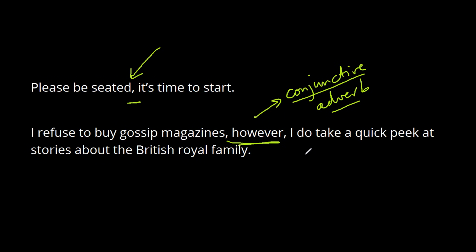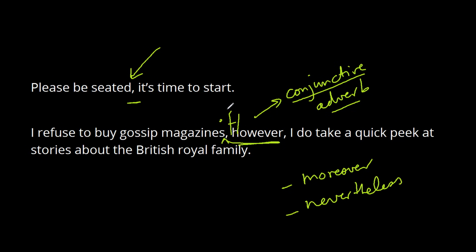But examples would be however, or moreover, or nevertheless. And I tend to think of these words as kind of the big conjunctions. They are conjunctions that don't tie together so much parts of the same sentence, but they tie an entire sentence to a previous sentence. And that's why what you need to do here is you need to put a period or a semicolon and start with a capital.